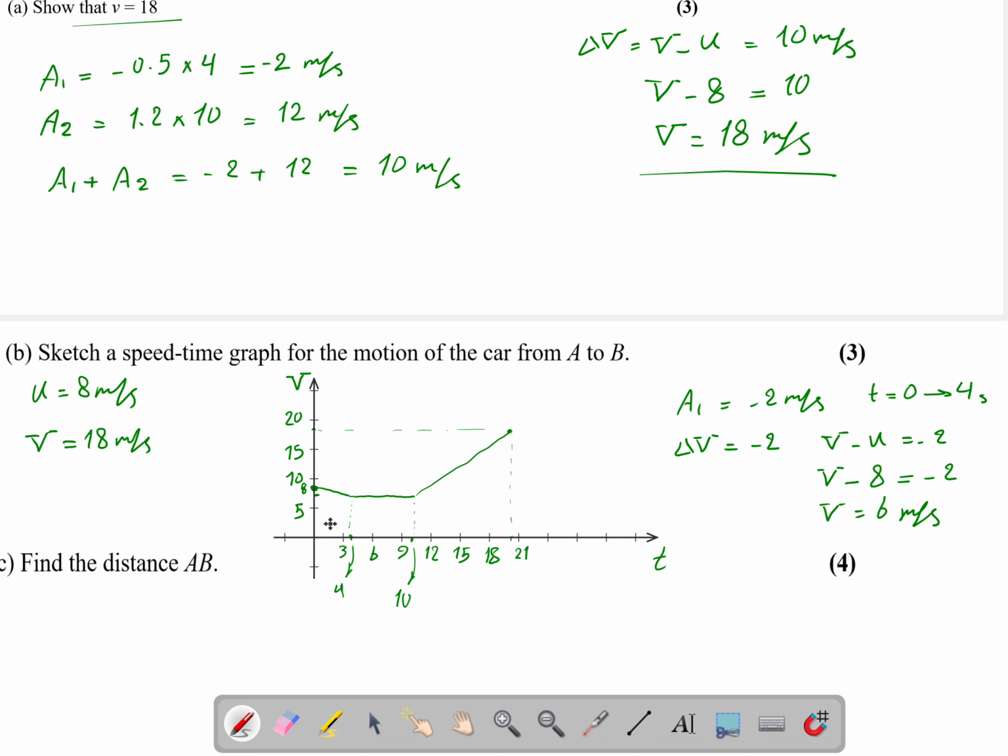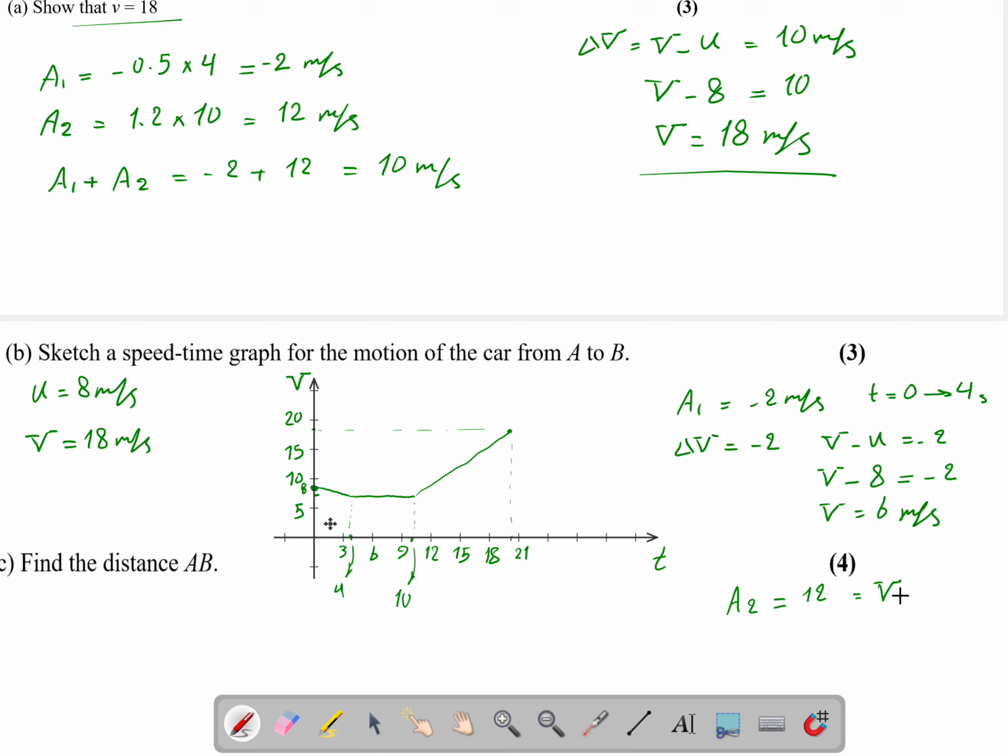Okay, so if you don't have this 18, you can calculate again using the graph. Area under the graph, we found it. It was 12 meters per second. It means that we have increase in velocity 12 meters per second. It means that 6 plus 12 equals 18, or we can say that A2 equals 12. It means that delta V equals 12.